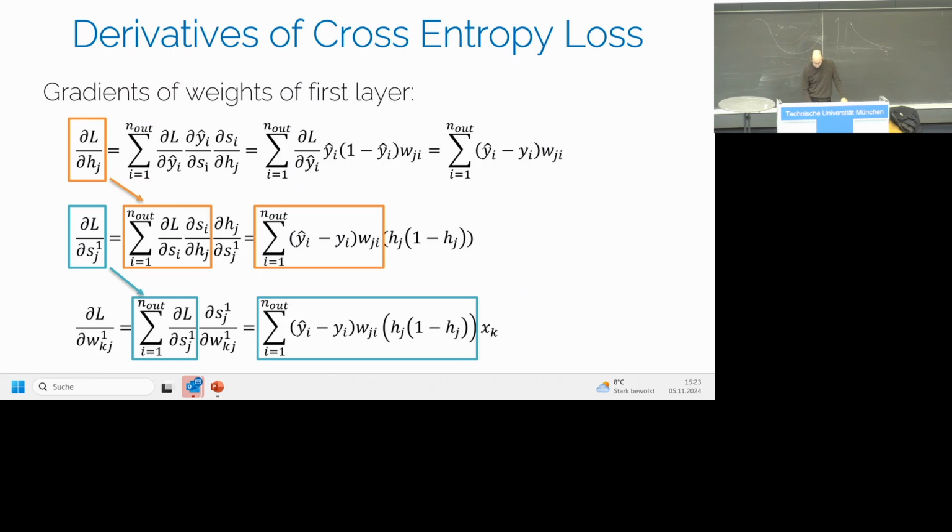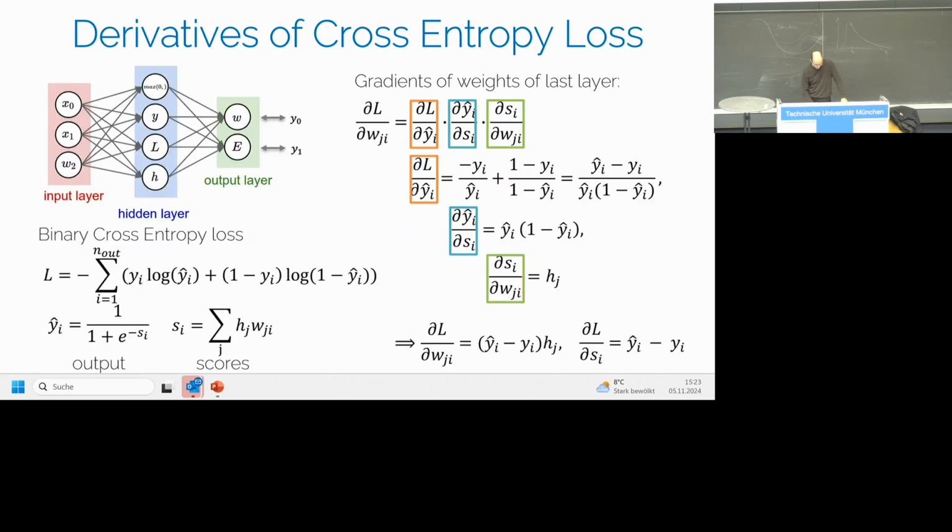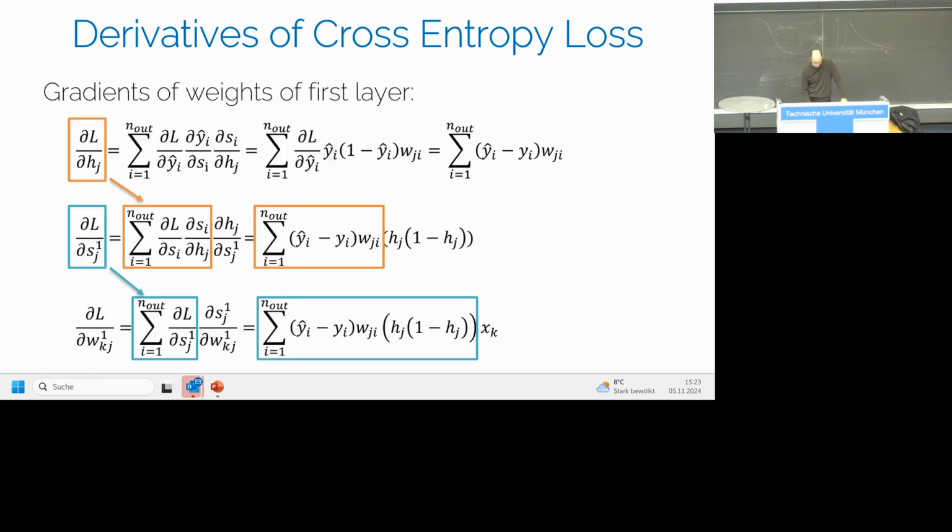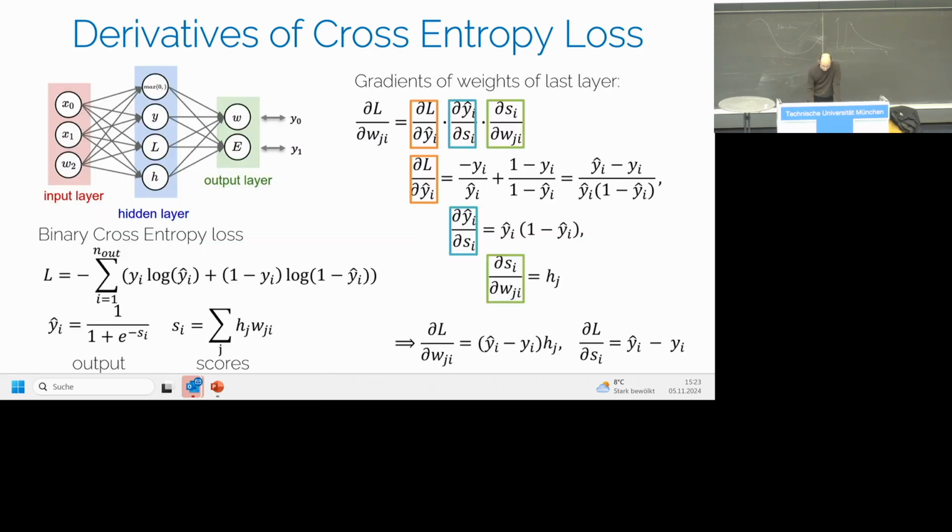So that was for the last layer, the derivatives for those weights.